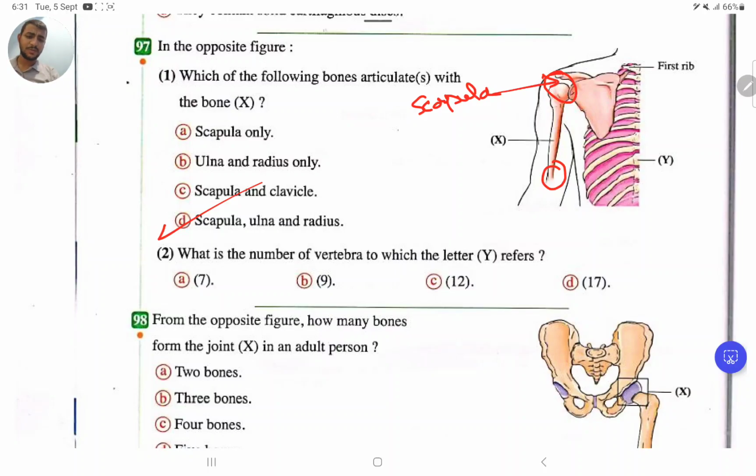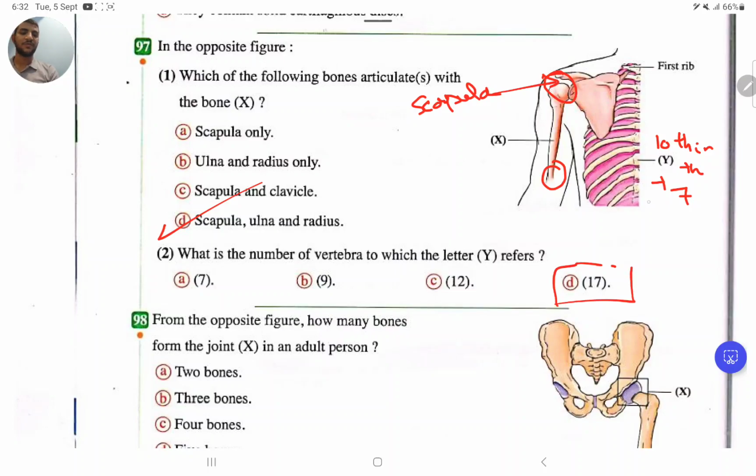What is the number of the vertebra which Y refers to? I need the number of the vertebra. I have here the tenth bone in the thoracic region, so add 7 for the cervical vertebrae, and in the vertebral column the number is 17.